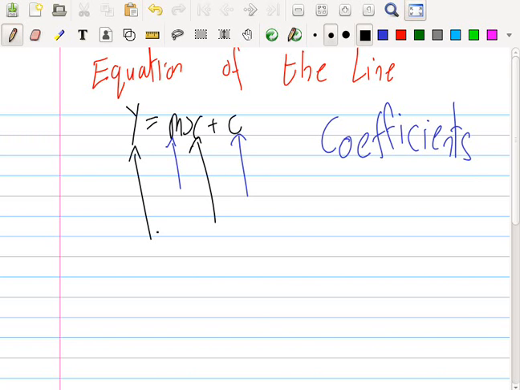Now somebody gave me the word for the m earlier. What was that? Slope, yeah. Now what about the c? Very good, intercept. And perhaps to be more particular, the y-intercept, but for the moment, I think intercept will do fine. So that's the name of the m and the c.